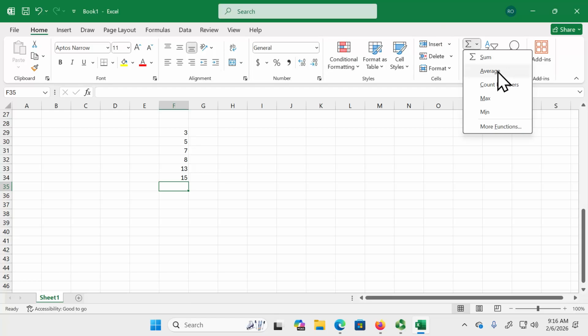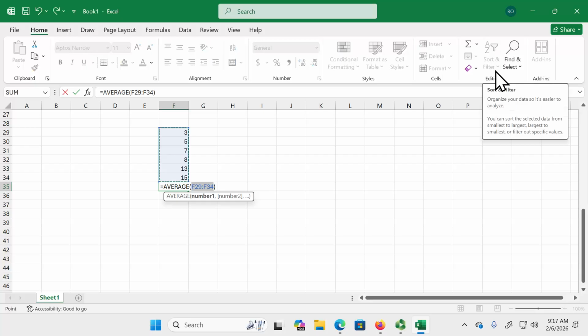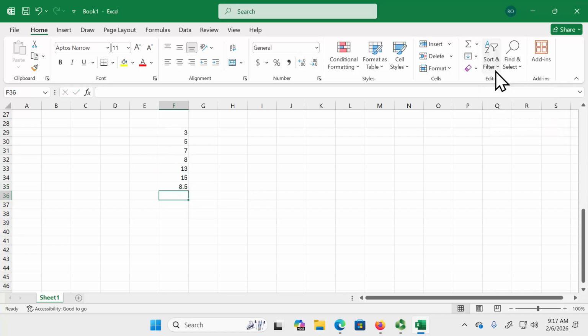So I'll just click on average, and it does what it thinks I want to do. Press enter, and there's the average. All right, what I need to look at is how far these numbers are from the average. And that's going to give us the standard deviation.